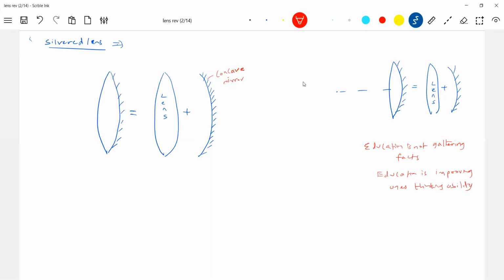I think now the first is given more priority. How many problems teacher has solved? How many questions he has discussed? How many questions I have collected? Okay, fine. This will not help you. Education is improving one's thinking ability.